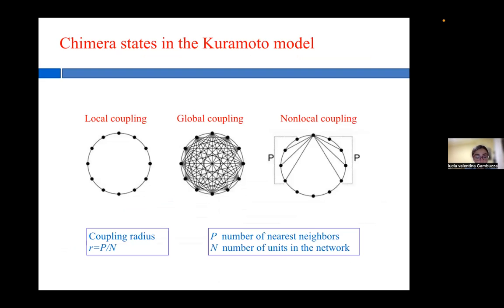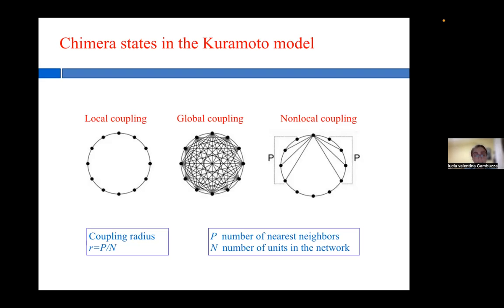In this case, we have just a local coupling, and for each node a number P of neighbors, in which the number of neighbors is given by the coupling radius, which is defined as P over N. P is the number of nearest neighbors of each node, and N is the total number of units in the network. In the extreme case in which the radius is equal to 1, we have a global coupling.